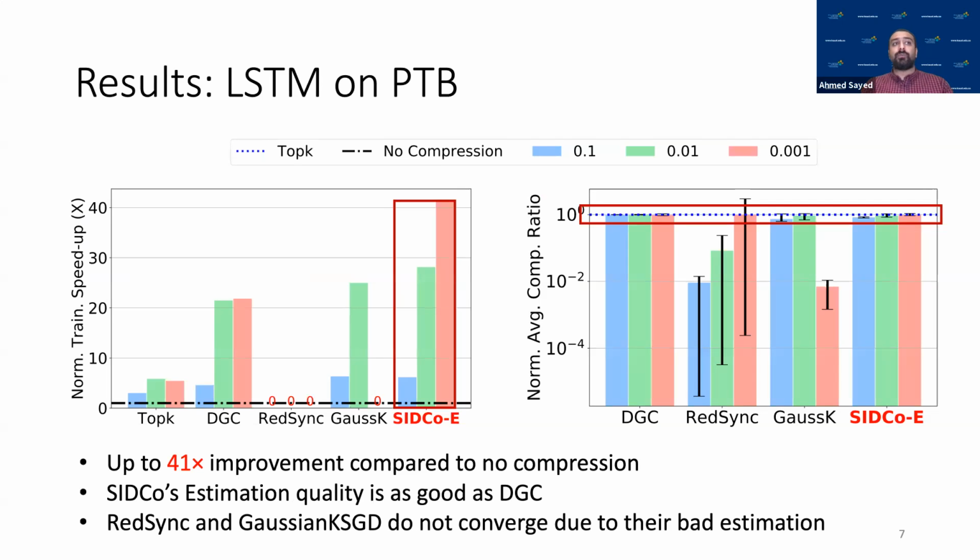And we can see it can achieve up to 41x improvement compared to the no compression baseline. And compared to the existing threshold estimation methods, SIDCo can achieve as good an estimation quality of the threshold as DGC, which is the best method. And it shows that RedSync and Gaussian KSGD cannot converge to the target accuracy due to their bad estimation, as shown in the right-hand figure.